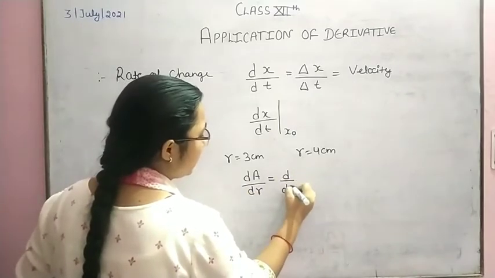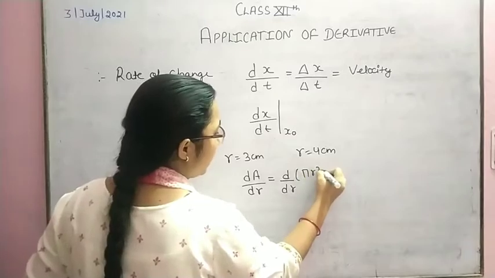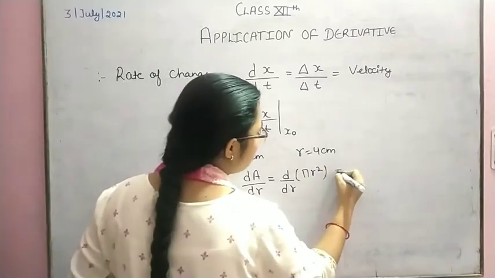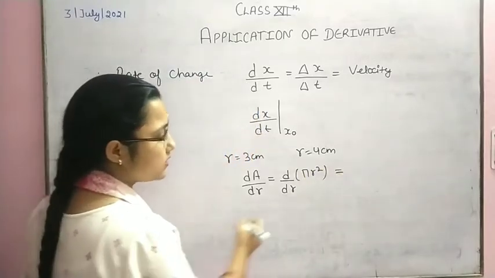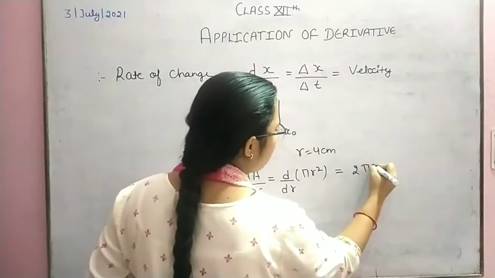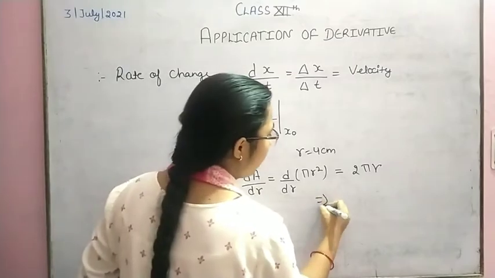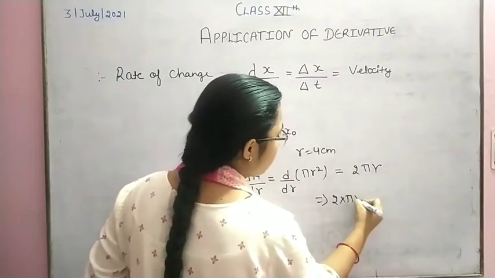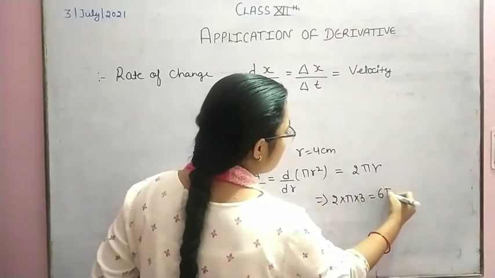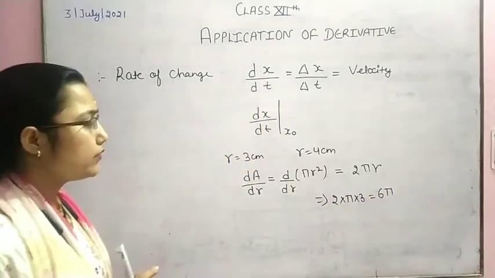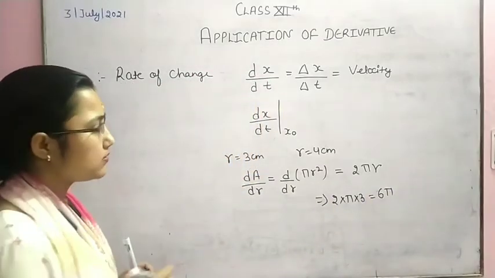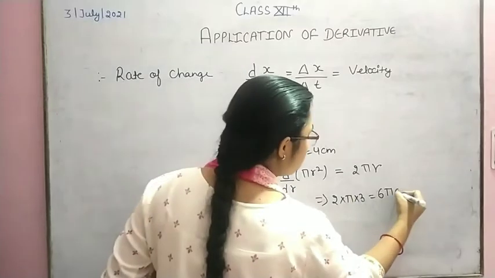We know that the area of a circle is pi r square. After differentiating it, we get 2 pi r. r is given in the question. This is 3, so just put the value of r here. We get 6 pi. And don't forget to write down the unit at the end of the answer.